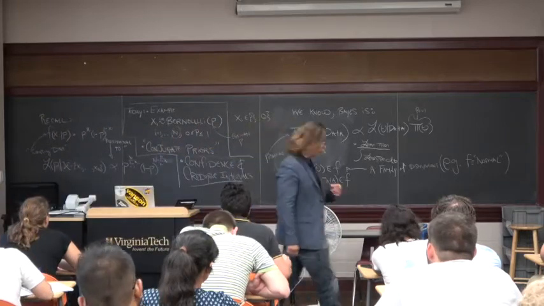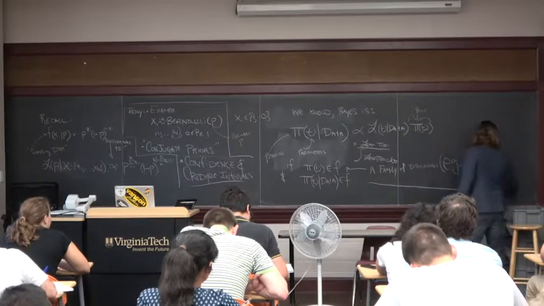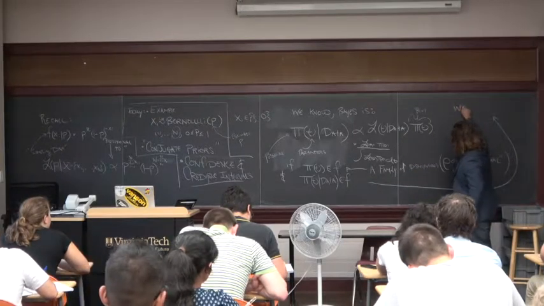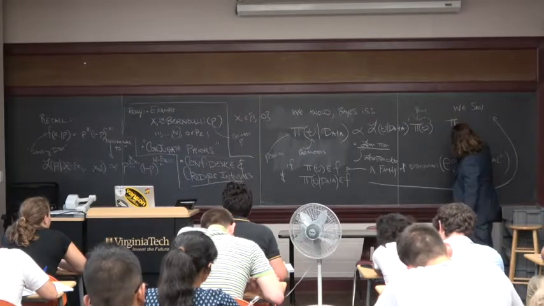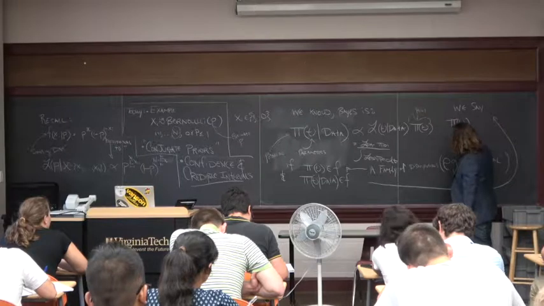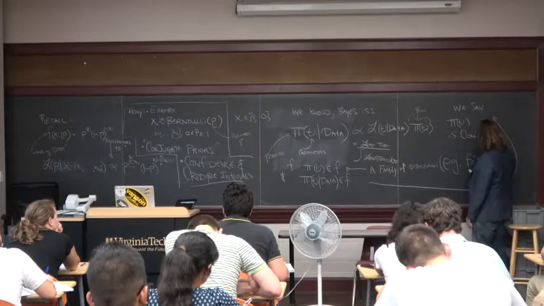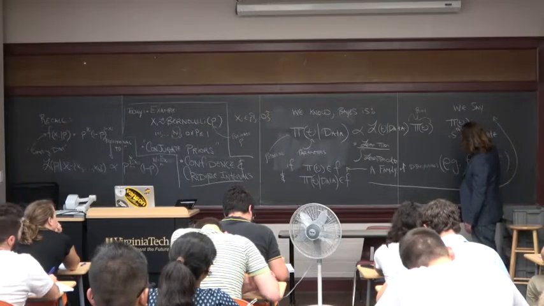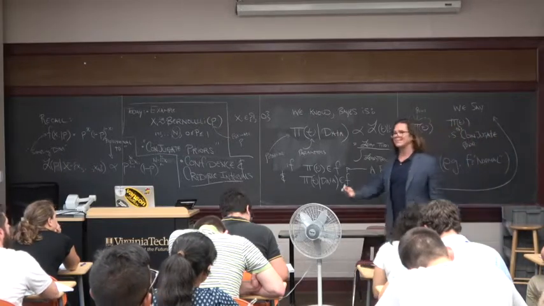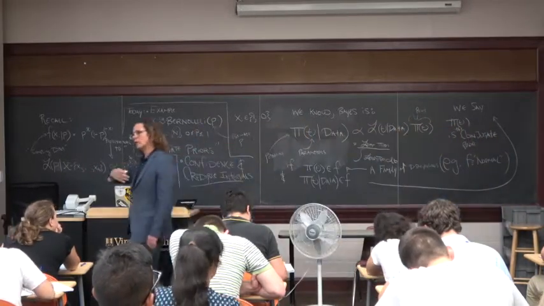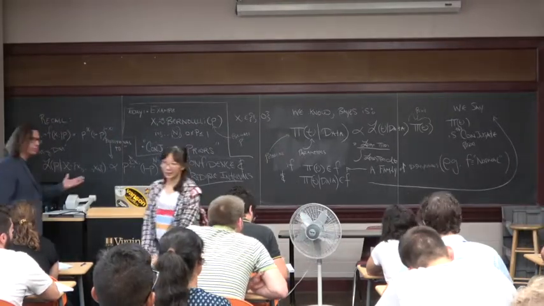Then we say that pi theta is conjugate. And you might say it's the conjugate prior. So what you might say is pi itself is conjugate. That's the conjugate family. And it turns out that this is always going to be unique.